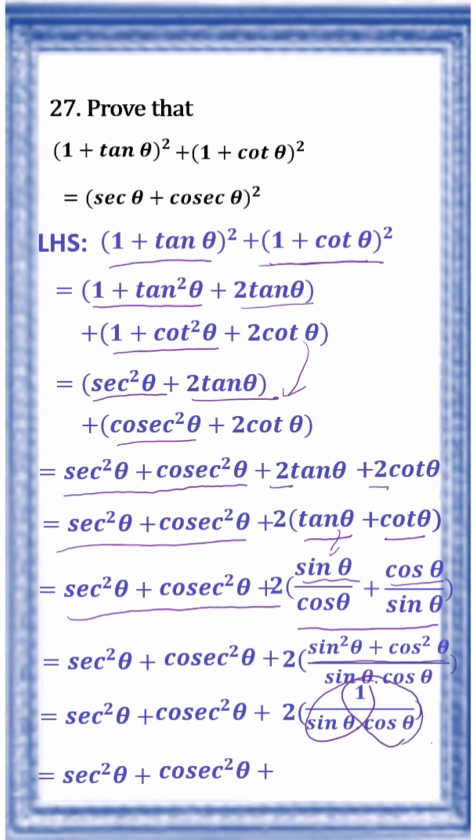So now we have sec² θ + cosec² θ + 2 into sec θ into cosec θ.